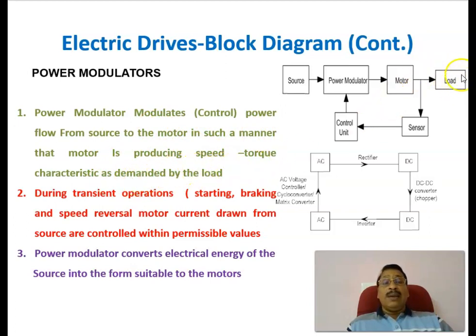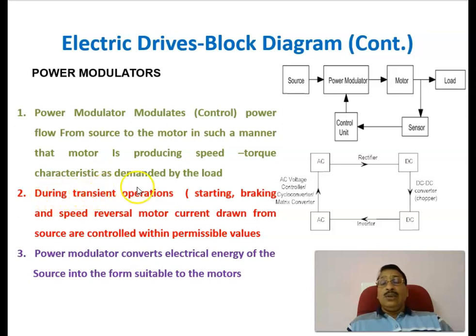The load will be demanding certain speed torque characteristics. We are controlling the motor in such a way that it produces the speed torque characteristics demanded by the load. That is the purpose of the power modulator.